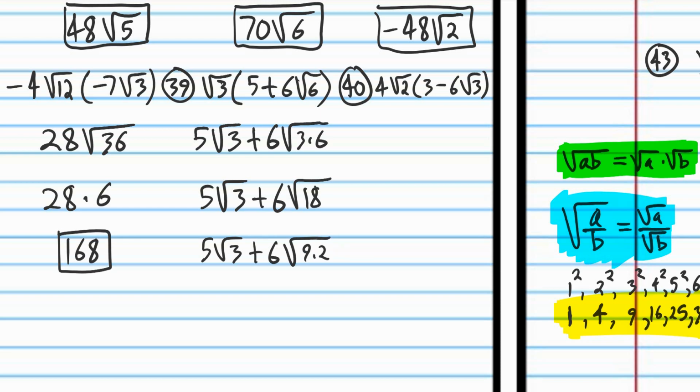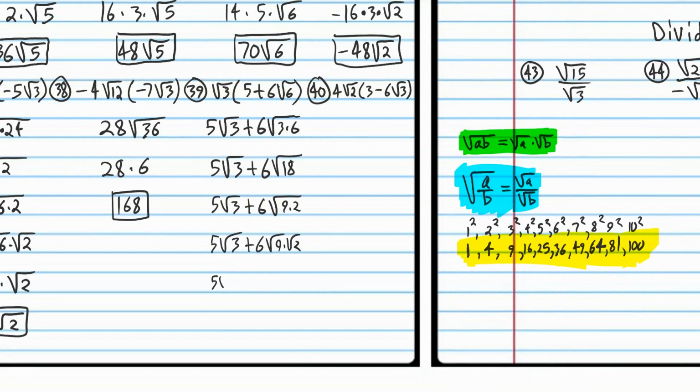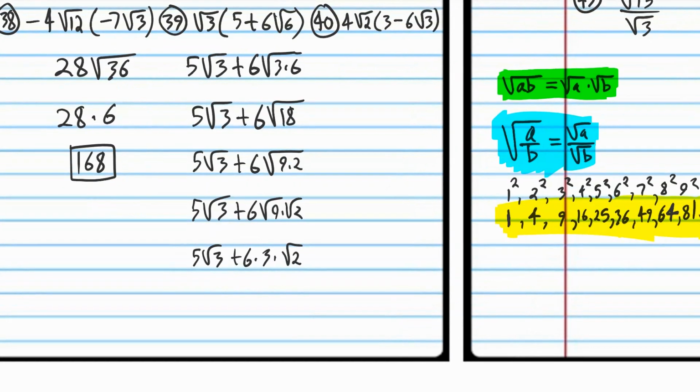So that would be 9 times 2. And we get 6 times root 9 times root 2. And 6 times 3, square root of 9 is 3. And we get 18 root 2.